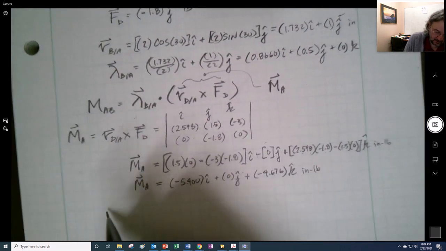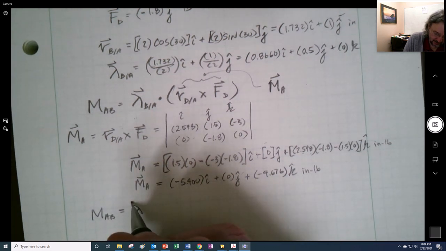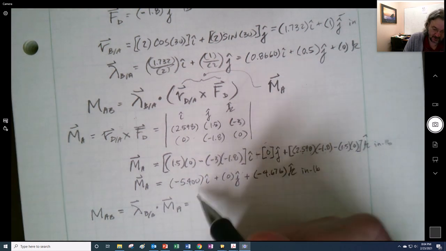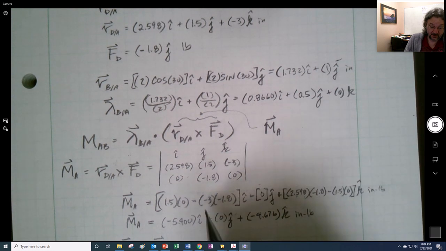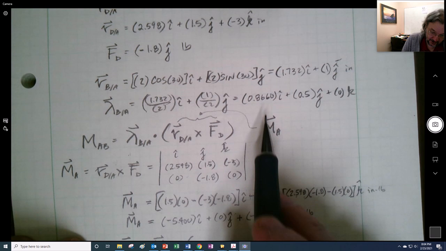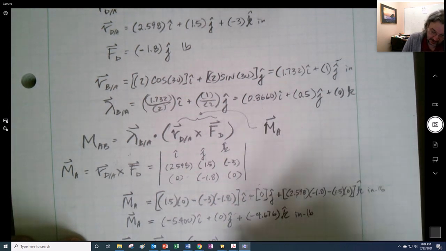Now we want to find the moment about AB. It's not a vector because we're going to dot product it, B with respect to A dotted against MA. Right, so dotting the thing, we'll write it out, all the different things, right? So that's going to be this in the x direction, 0.8660, against this in the x direction, -5, right there.